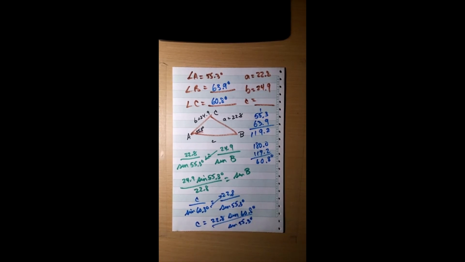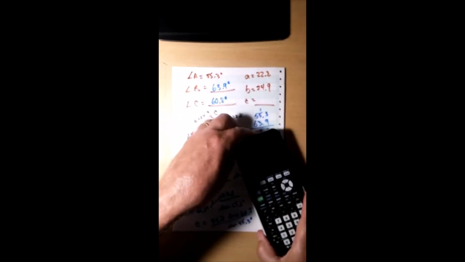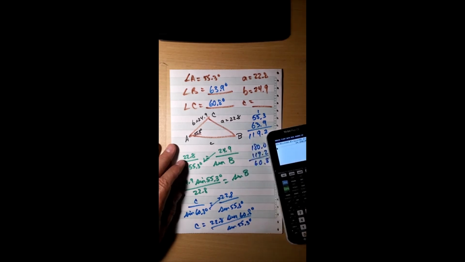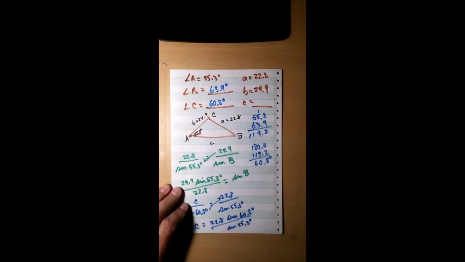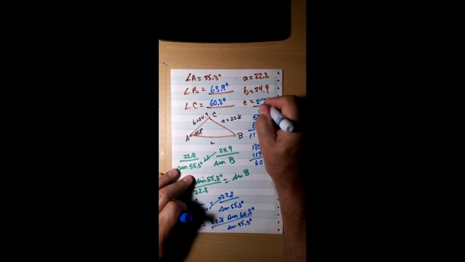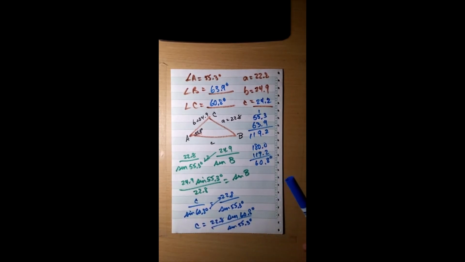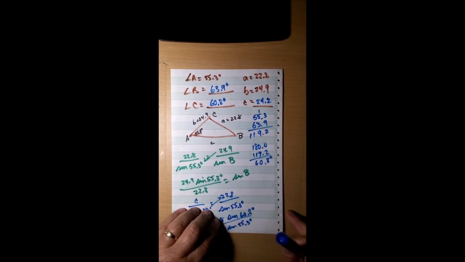Well, let's see what that is. 22.8 times the sine of 60.8, close that parentheses, divided by the sine of 55.3 degrees, we get 24.2. So here's our first triangle, 24.2.